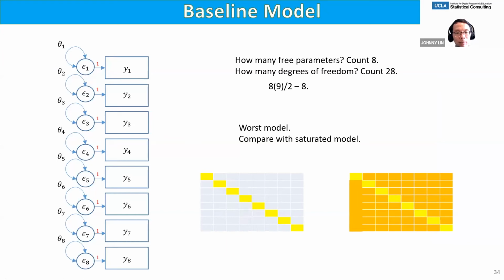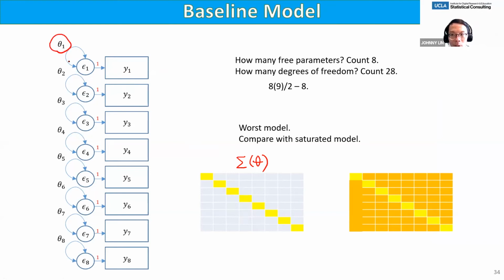Okay, so remember the variance covariance matrix, okay? But this is sigma theta, okay? So what this is saying, the baseline model is basically, if you look at the path diagram, what are these basically estimating?